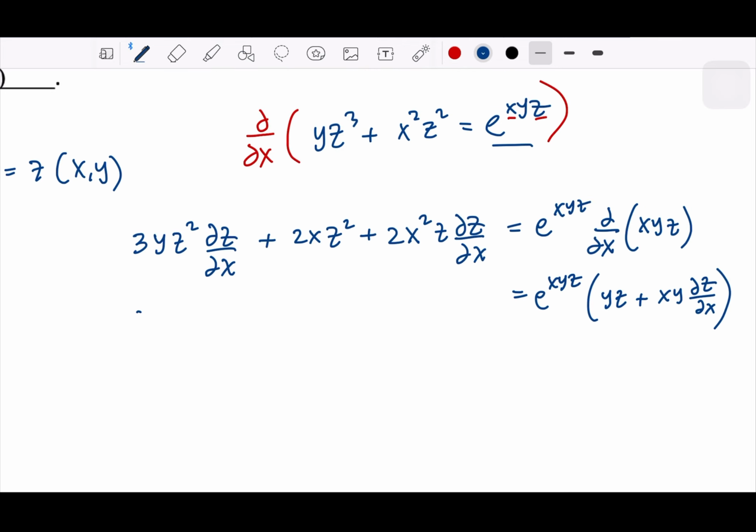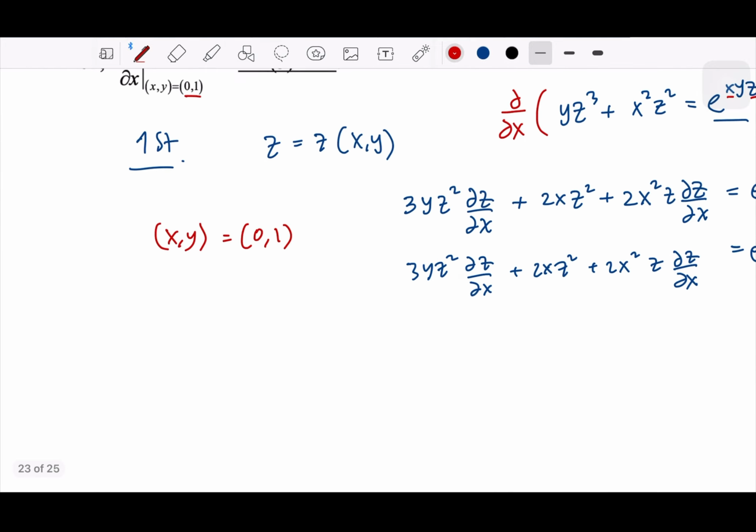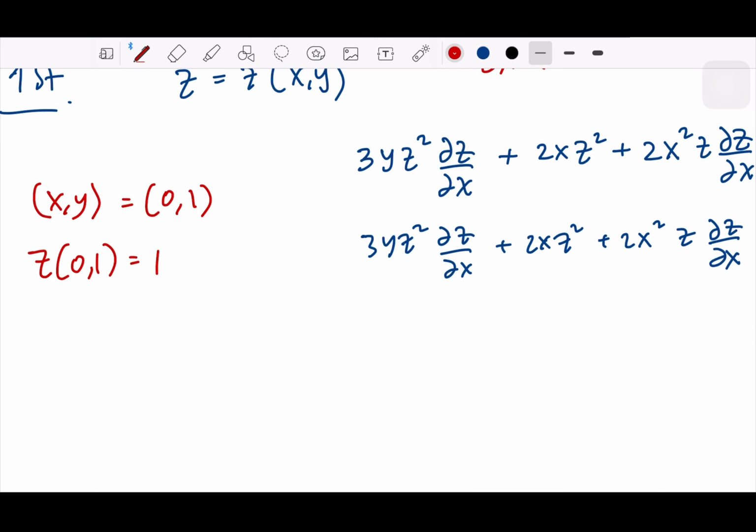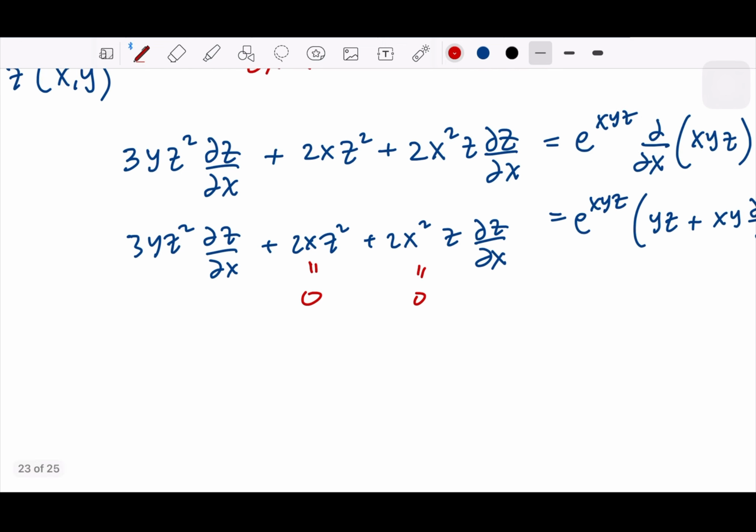We have 3yz squared dz/dx plus 2xz squared, but I don't think it will be complicated if we evaluate at (x, y) equal to (0, 1), and z is 1. So we can compute. Every term with x will be 0.